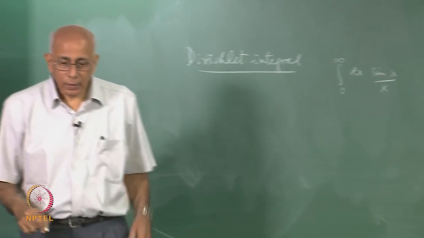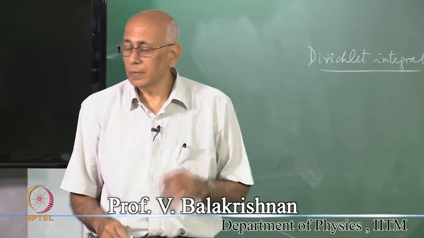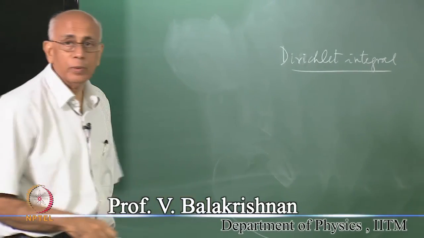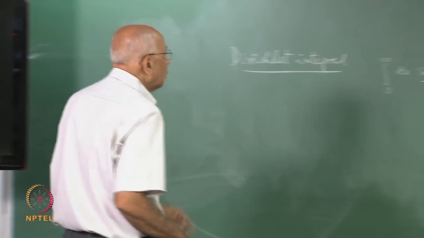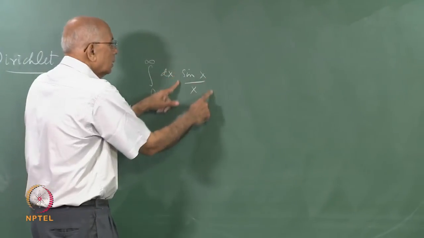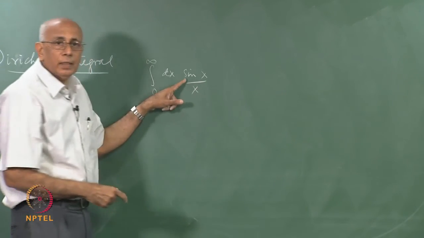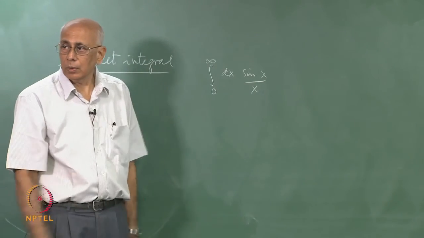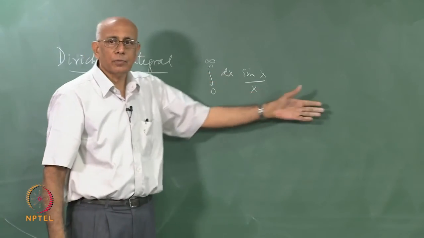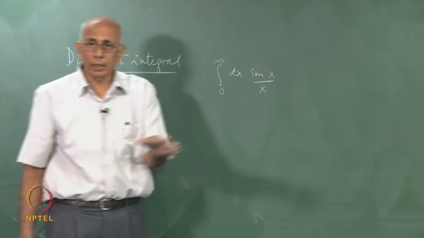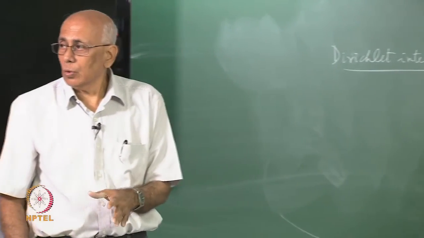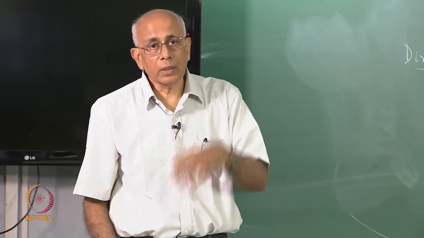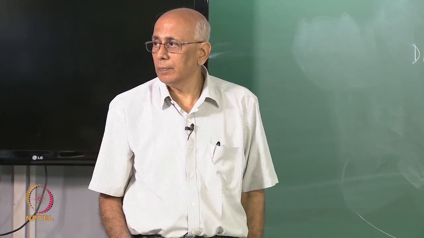This integral happens to be finite. This definite integral happens to be finite. It is not absolutely integrable, because if you took the modulus, the mod sin x is always positive, and this function being bounded, the integrand is decaying like 1 over x, and of course dx over x diverges logarithmically at infinity.